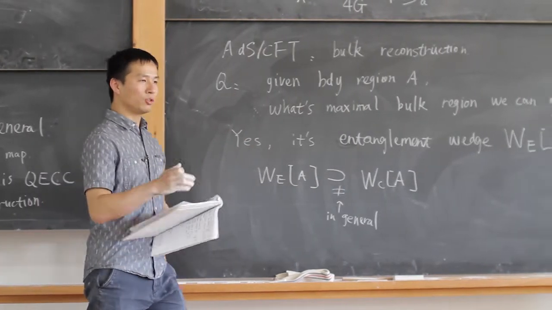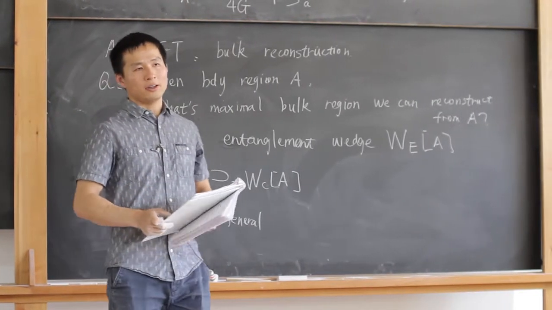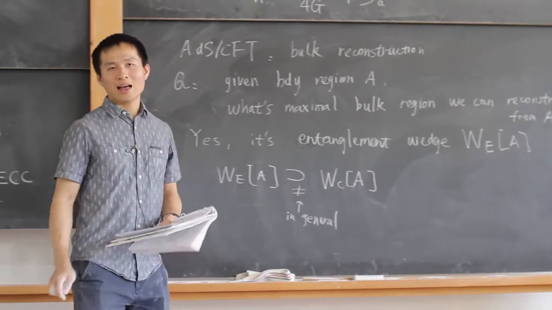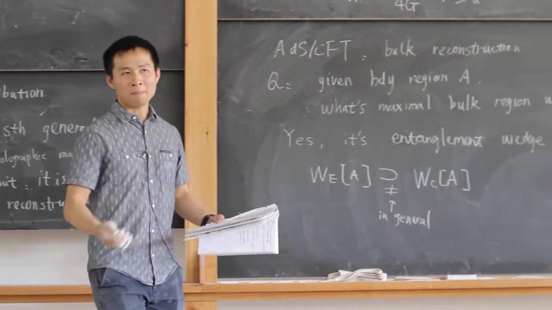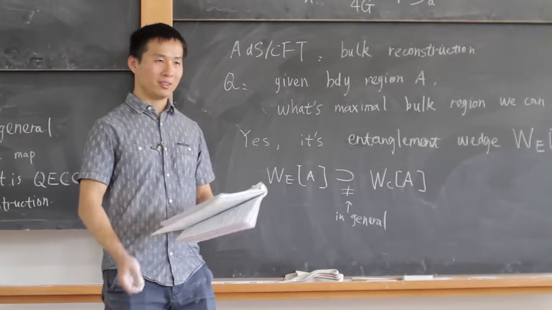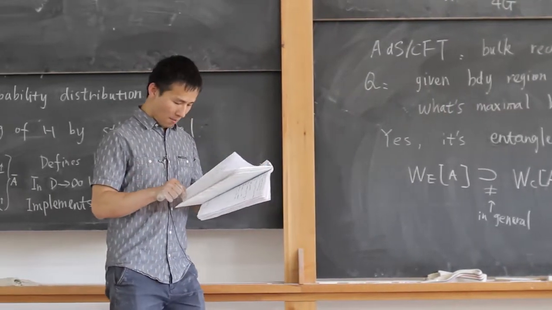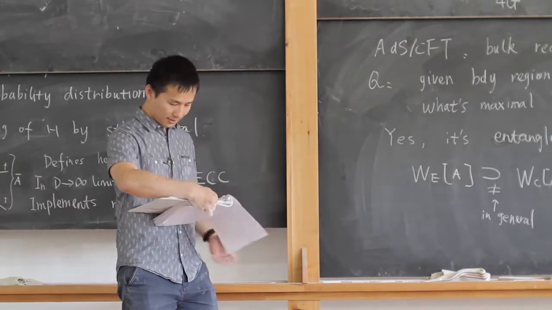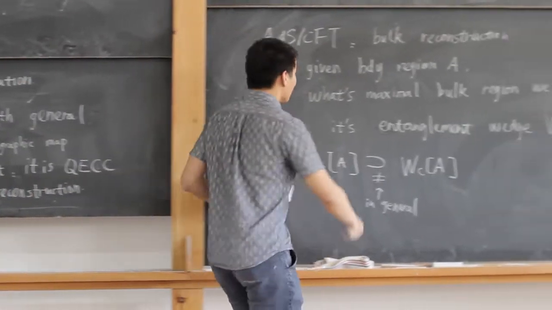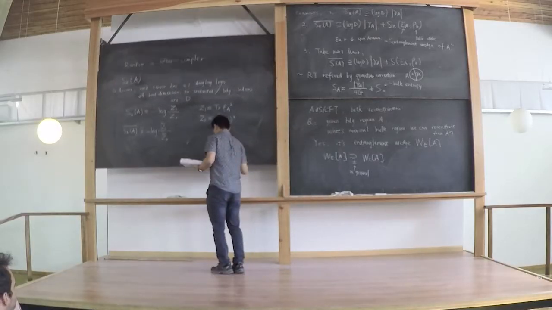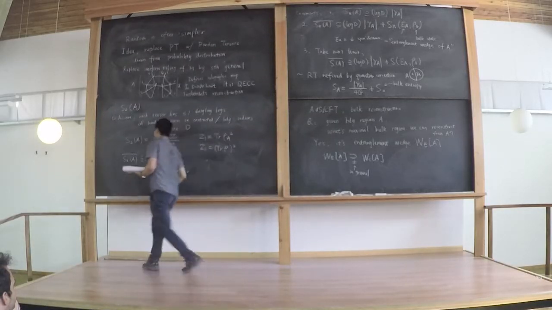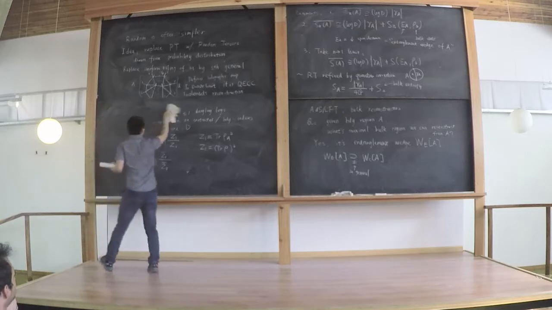So this should really be thought of as a new form of subregion duality. It's different from the old HKLL paradigm. And this more powerful version allows us to probe physics behind horizons. So those are the general comments. But, well, I haven't even defined the entanglement wedge yet.